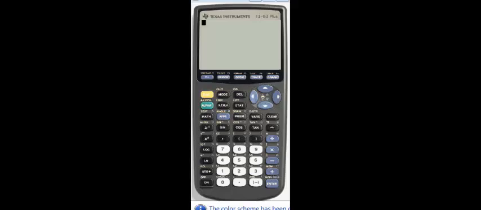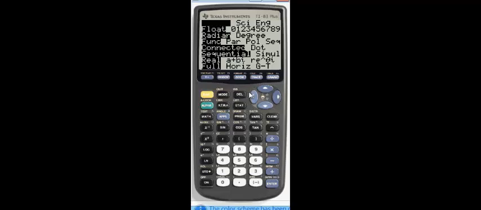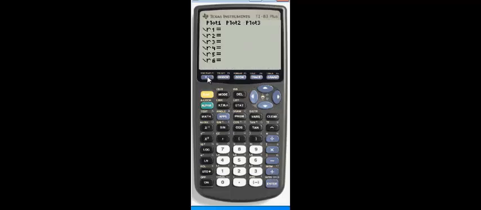We use the graphing calculator to help us check the answer. Click on Mode. Select POL. Click on y equals. Type in negative 3 divided by cosine of theta. Click on Window.